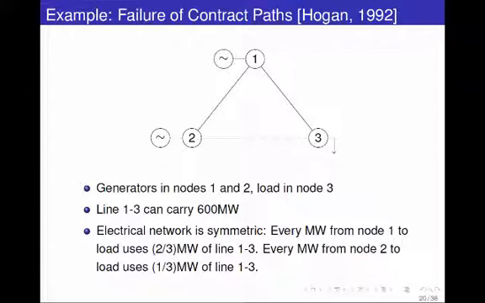The problem is neither with the engineers nor with the economists. They're both right. The problem is with how you decided to define your right to transmit in the network. It's too simple a definition, this contract path from this area to this area. You have to come up with a more sophisticated product.